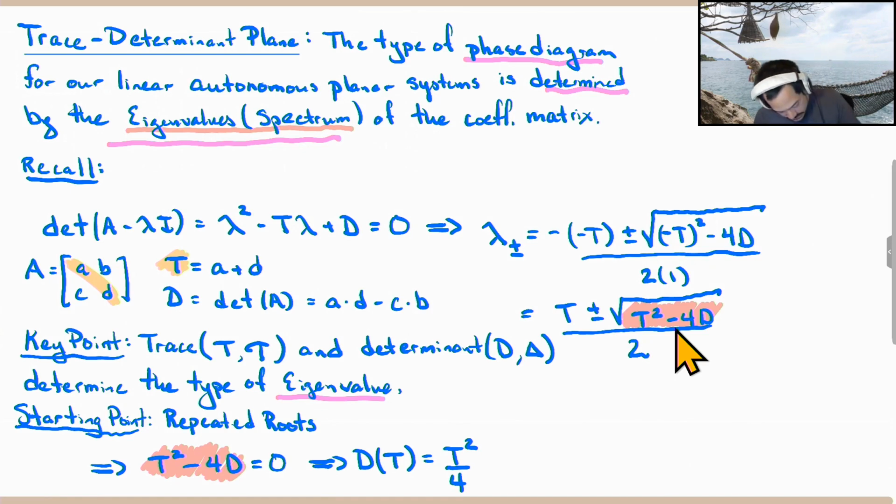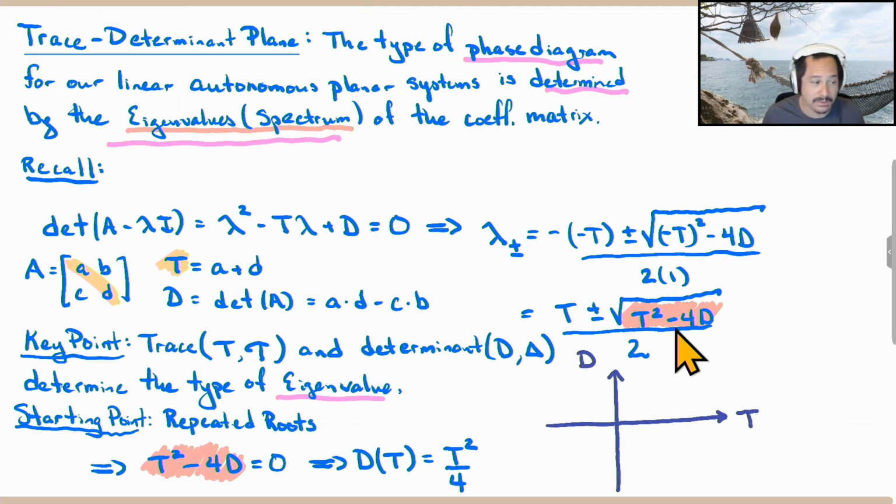Okay? So now, I've got to use different axis colors here because I don't want us to get confused with the phase plane drawings that we've done. I'm going to set up this two-dimensional set here, and on the horizontal axis I'm going to have trace, and on the vertical axis I'm going to have determinant, because what I want to do is think about this relationship, determinant being equal to t squared over 4, which is related to my repeated roots.